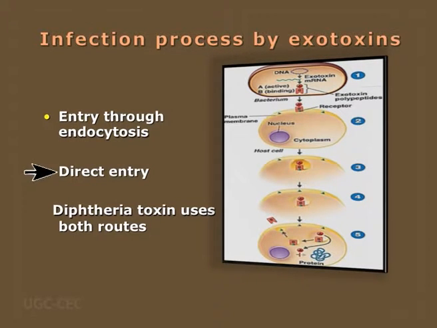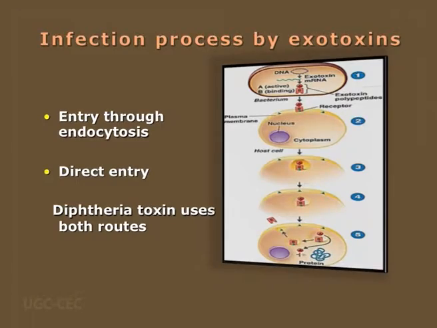Another process is direct entry, a slightly modified mechanism where the toxin directly binds to the receptor and triggers a cascade of signaling events leading to the development of disease condition. Now, if you ask me, are there any specific organisms doing these things through different routes?